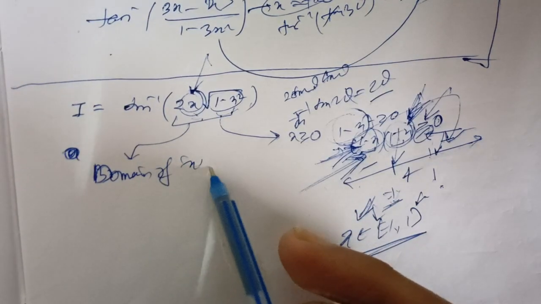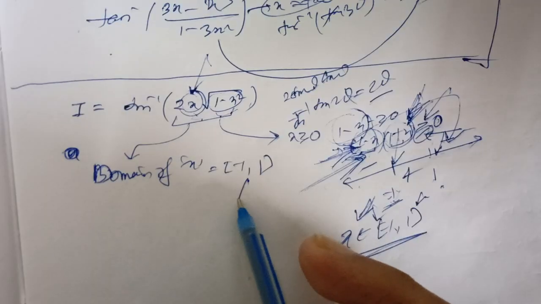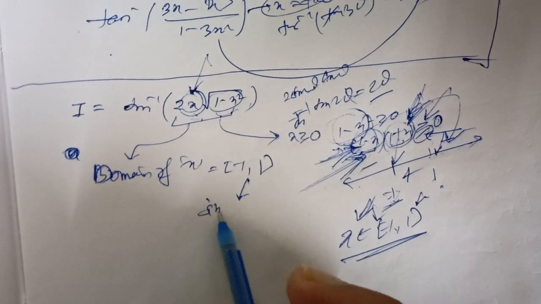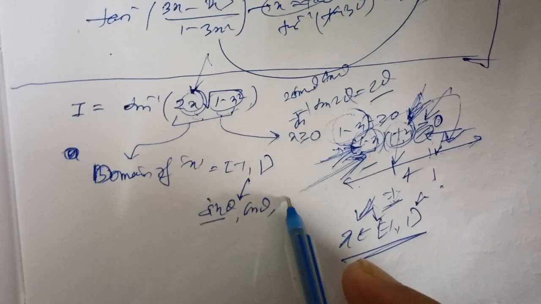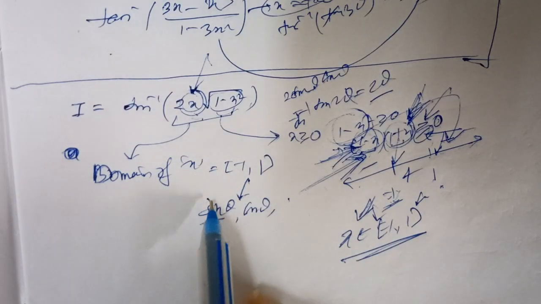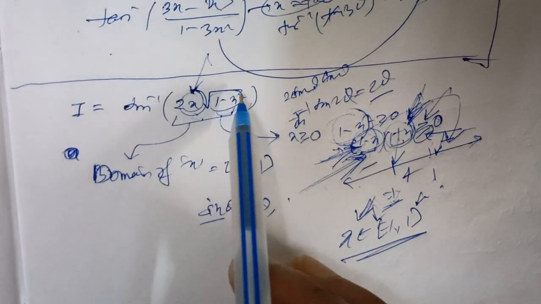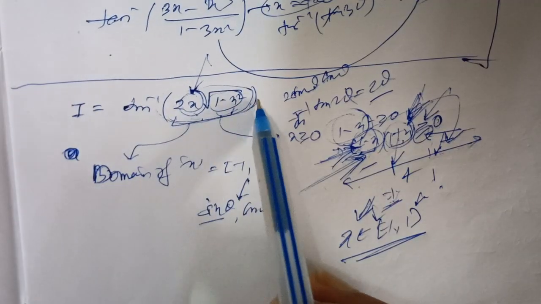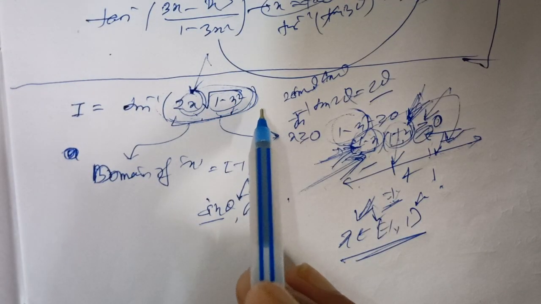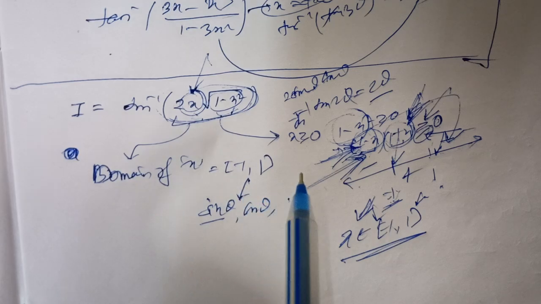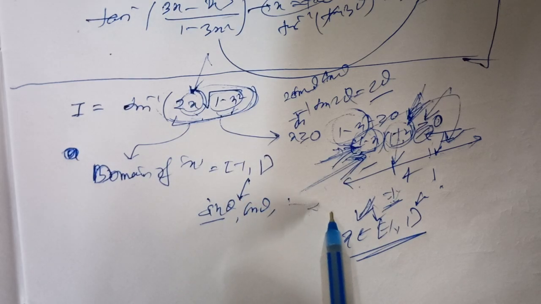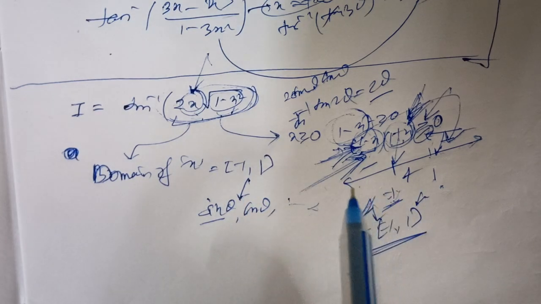Domain of x is equal to -1 to 1, and this corresponds to the trigonometric functions sine theta, cos theta. But here the thing is, even if you wanted to, you cannot substitute x as cosec theta, because cosec theta's value is from -infinity to -1 union 1 to infinity.